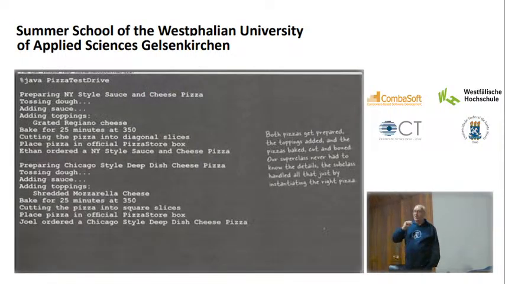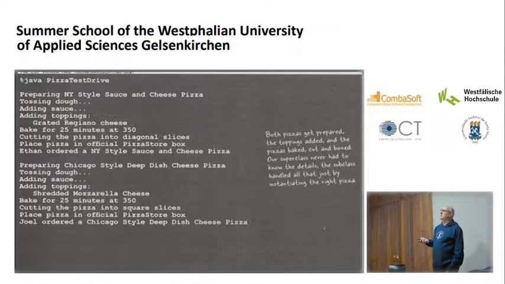If we let the project run, we have this print lining, preparing New York style sauce and cheese pizza, tossing dough, adding sauce, putting Gruyere cheese on it, 25 minutes at 350, cutting the pieces into diagonal slices, place pizza in official pizza store box, and we tell at the end, Ethan ordered a New York style sauce and cheese pizza.